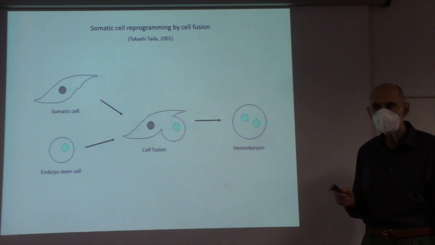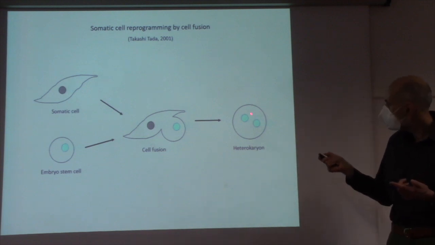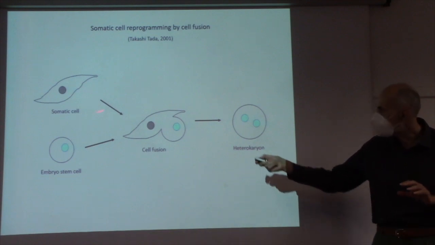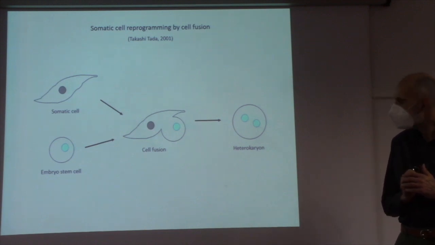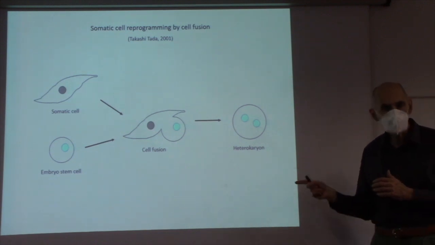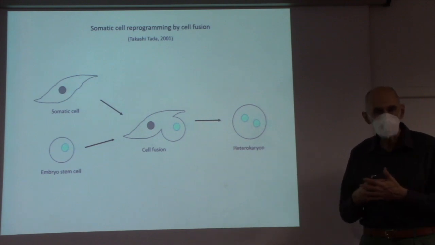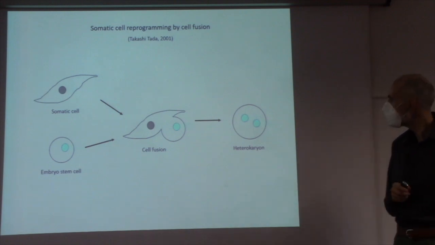A heterokaryon is the hybrid cell before it divides for the first time. It is called heterokaryon because it has two separate different nuclei, each coming from one of the progenitor cells. Once it undergoes the first mitosis, of course, nuclear membranes dissolve, and after mitosis the cells have a single nucleus, which is the sum of the two, but they are no longer binucleated like these.